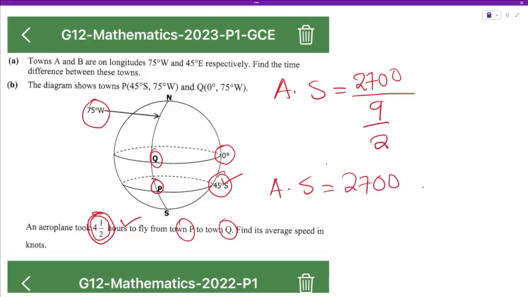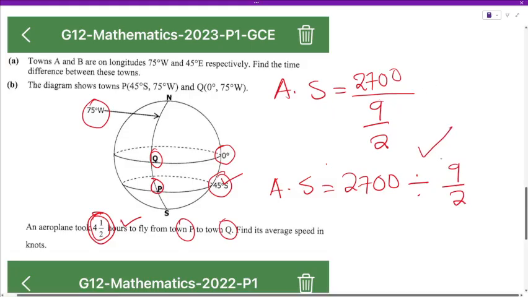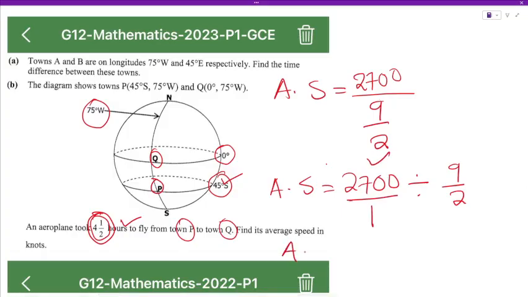So 9 over 2, which is the same as average speed is equal to 2700 divided by 9 over a 2. This type of equation is easier solved when you write it like that, so that you can now say over 1 and then you apply the KCF, keep change flip. You keep the first fraction the way it is as 2700 over 1, and then you change that sign to multiplication, and then you flip these values.